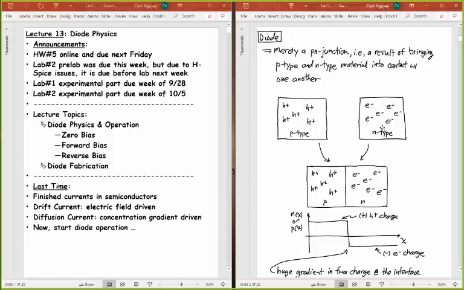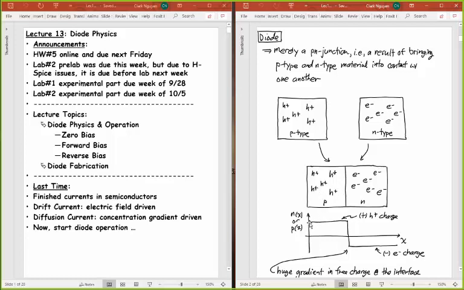In n-type material, if it's donor doped, they're filled with electrons that are free to move around. And if we take two pieces of material, one doped p-type and one doped n-type, and put them together, that now creates a p-n junction. And effectively, that's what a diode is. It's p-type material and n-type material put together.